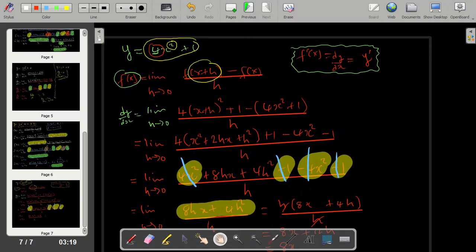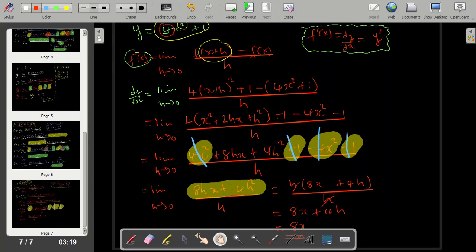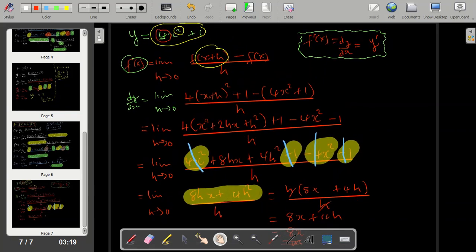Some quick pointers: make sure that your formula is properly written. There was a typo yesterday where we had x, but that's the wrong definition.